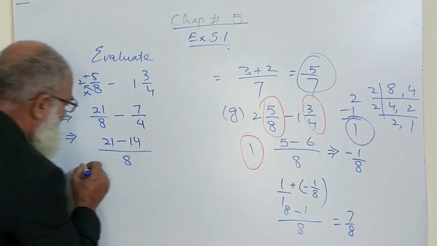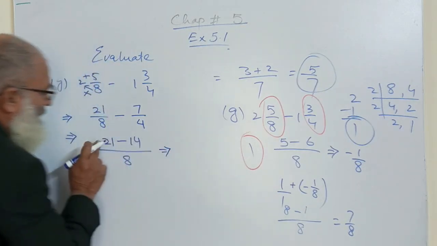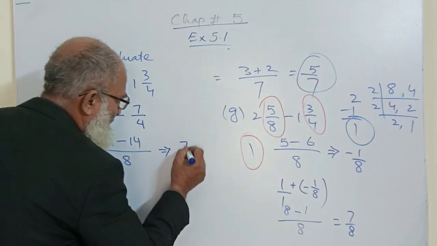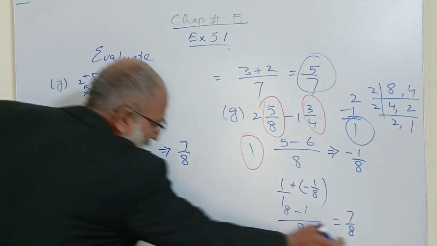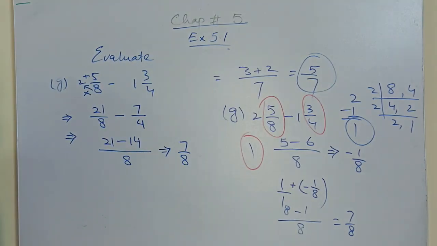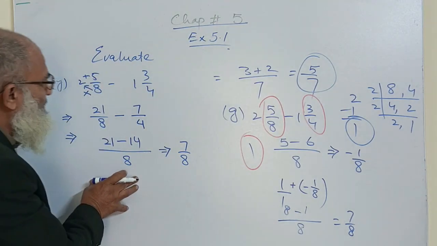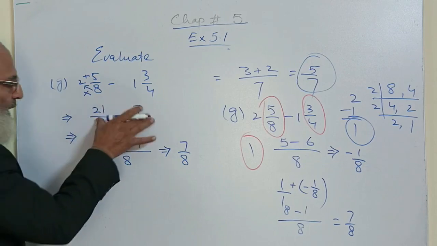Now what is the result here? 21 minus 14 is 7 upon 8. The same answer, with only one LCM, in only two steps.